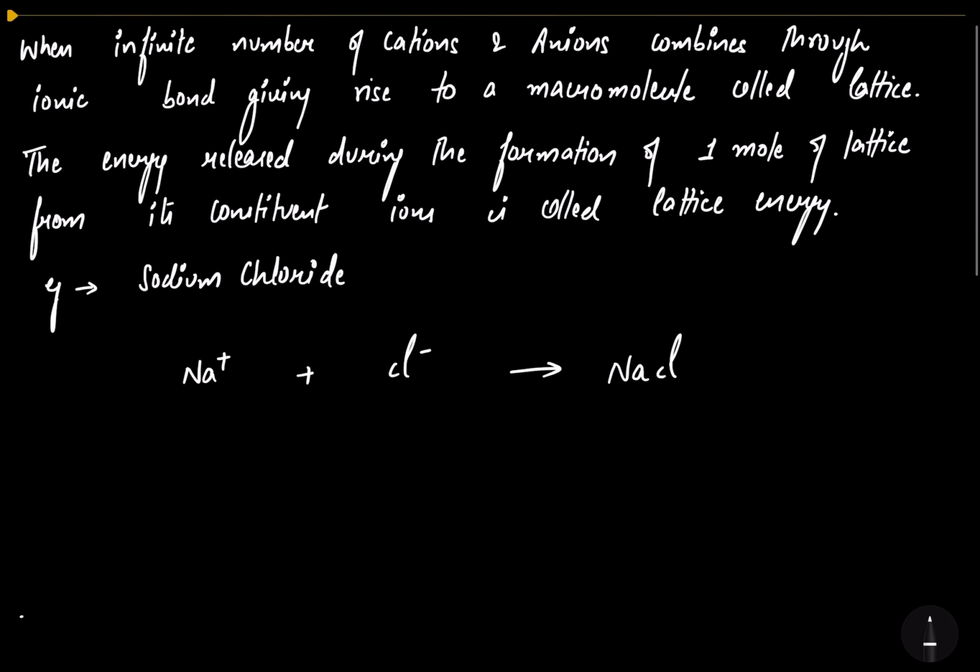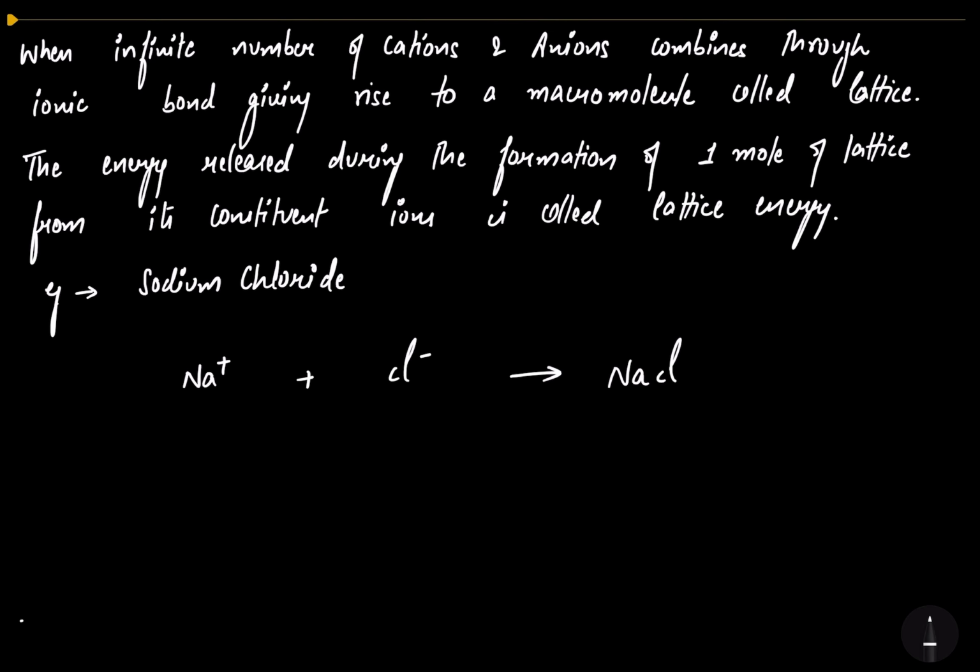Now, for the formation of 1 mole of NaCl lattice, we need 1 mole of Na positive ions and 1 mole of Cl negative ions according to this equation. So, energy released for the formation of 1 mole of NaCl lattice is called lattice energy.